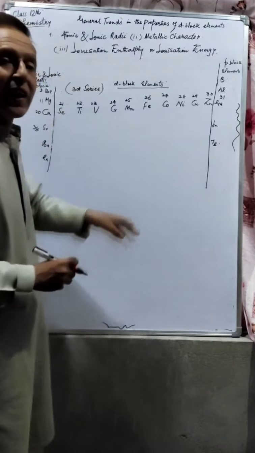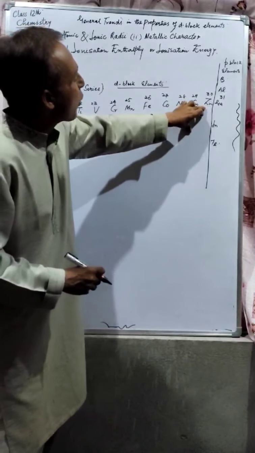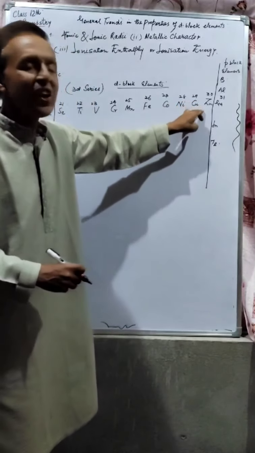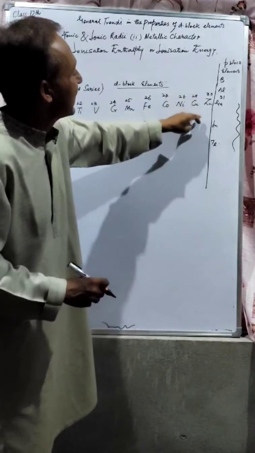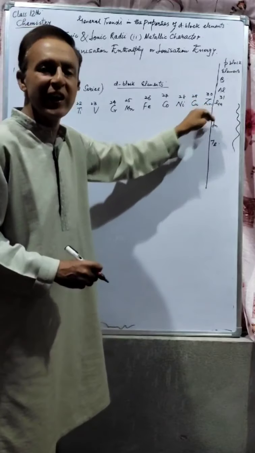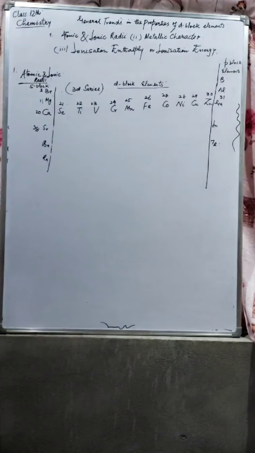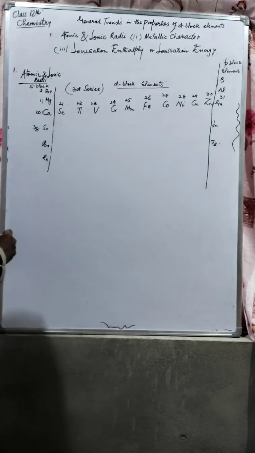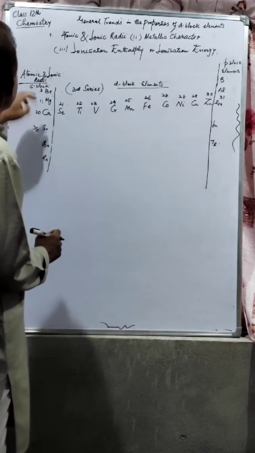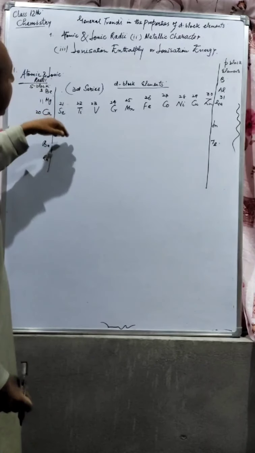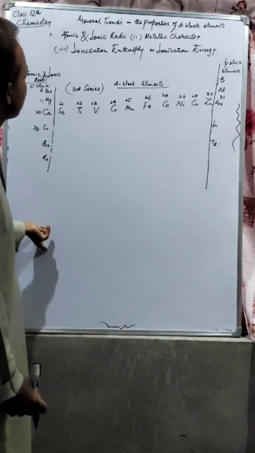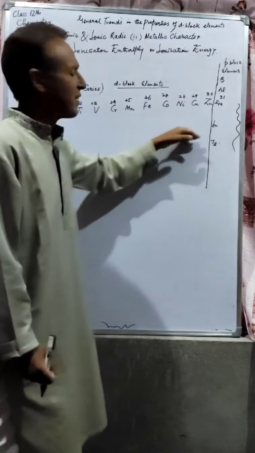This is why the electron cloud increases in the case of zinc, and it shows a slight increase in the atomic radii. The trend remains the same for the ionic radii. That means the ionic radii also decrease along the series.